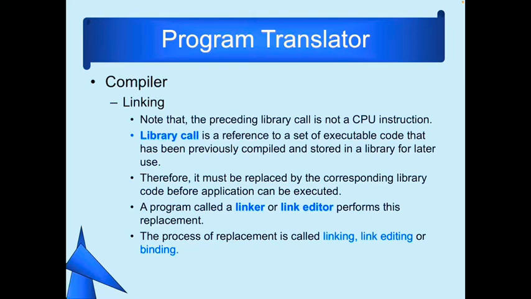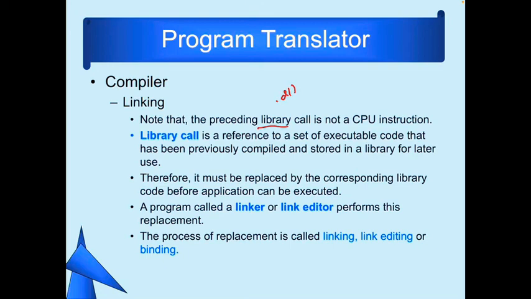What is a library? It's not our library. It's this kind of file, for example a DLL file, that refers to a library. A library call is a reference to the executable code that has been previously compiled and stored in the library for later use.